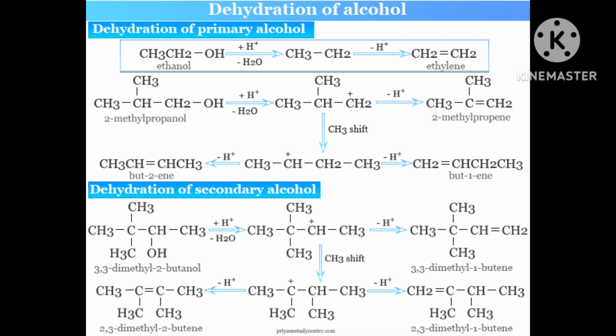You can understand that a carbon triple bond is there, that is the alkyne. One hydrogen is there. If one bond breaks, then two bonds will remain. Correct? From an alkyne, it is very easy to form an alkene.